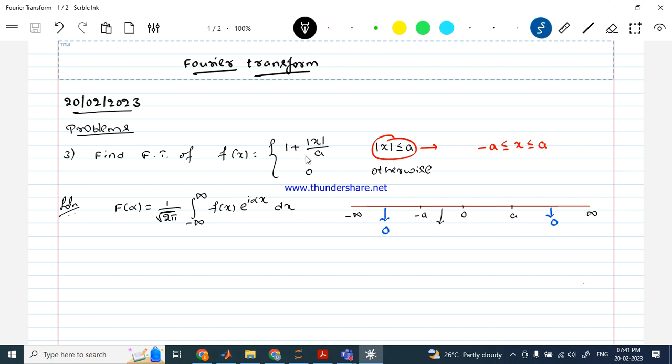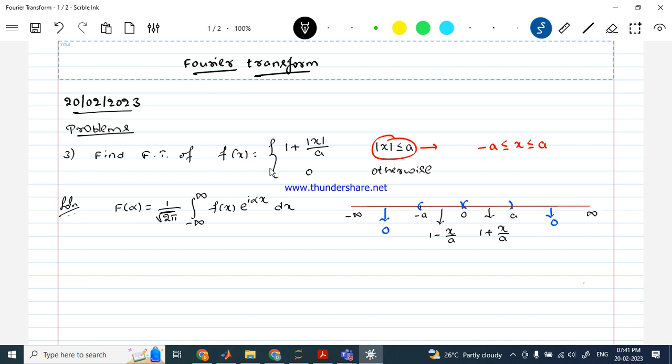According to that, in the interval minus a comma 0, and again in the interval 0 comma a, let me see what the function is. In minus a comma 0, the function is 1 minus x by a, and in the interval 0 comma a, it is 1 plus x by a. I hope it is clear to people.